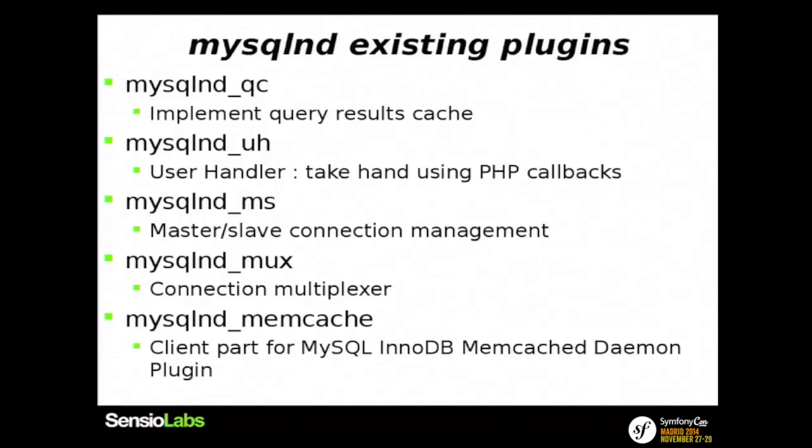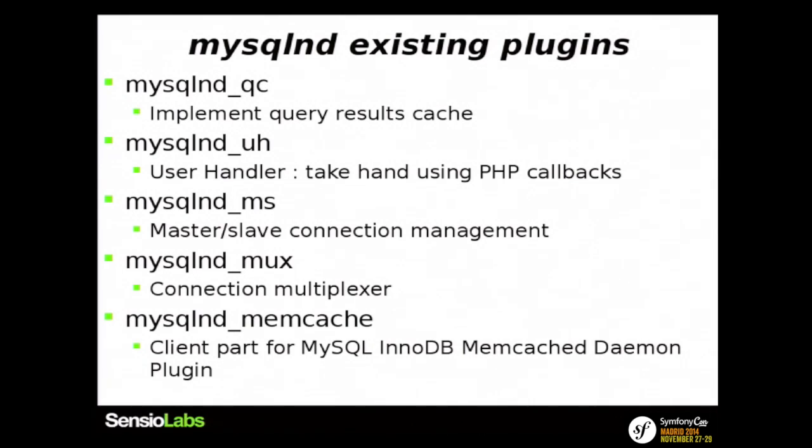You have many plugins: query results cache, user handler, master-slave connection manager. It analyzes the query. Is it a select? Okay, put it on this connection. Is it a write? Put it on this connection. And balance them with a pool. I can provide this in php.ini: all these servers' IPs, and it's going to balance the connection through them, even whenever it has problems on the network.